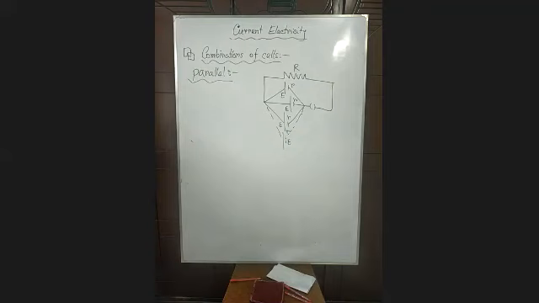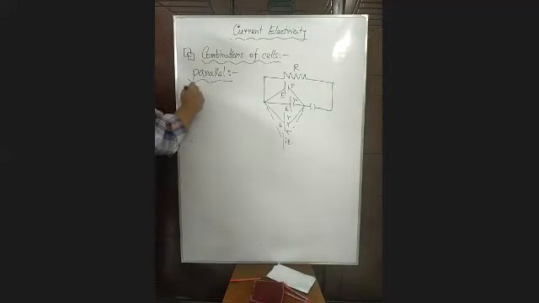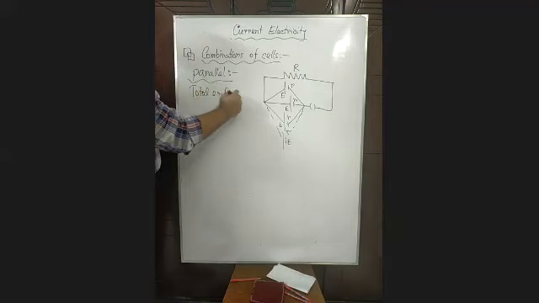That will be the correct one. EMF of one cell. So total EMF here, I can say that E bar is E.